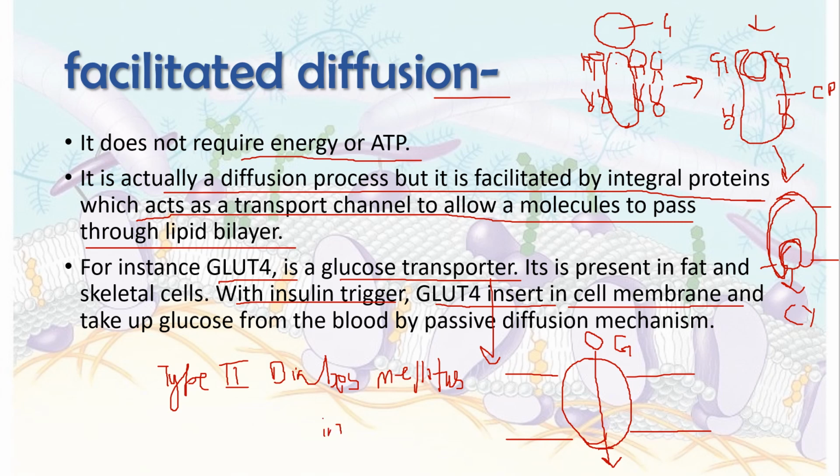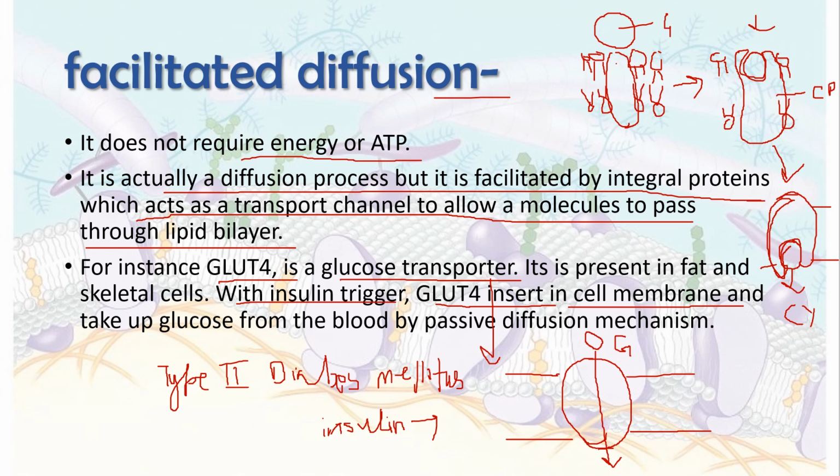So with insulin trigger, there is no GLUT4 inserted in the cell membrane of fat cells and skeletal cells, which ultimately leads to an increase in blood sugar level.